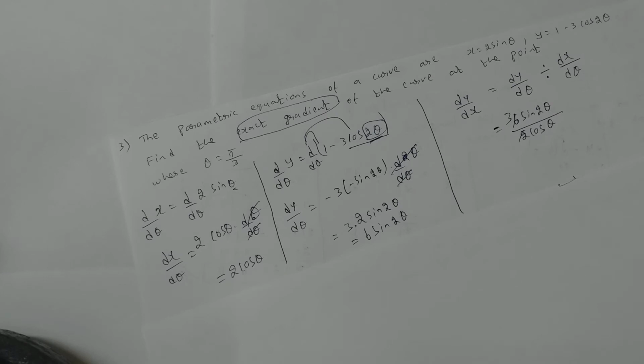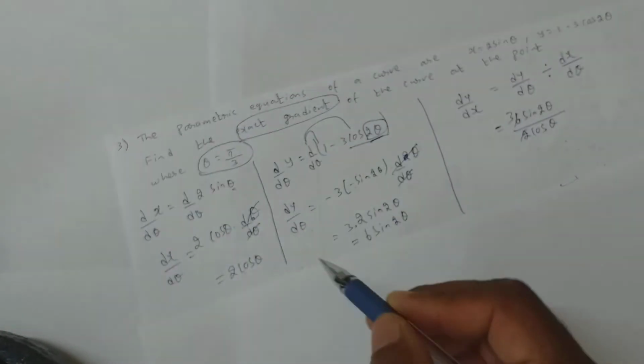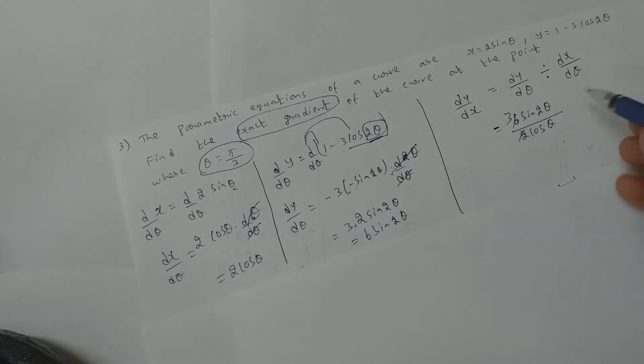Now at what point are they asking the gradient? When it is pi by 3. So in place of theta you put pi by 3. So this is equal to 3 sin 2 pi by 3 by cos pi by 3. Put your calculator in radians mode because the angle is given in terms of pi.